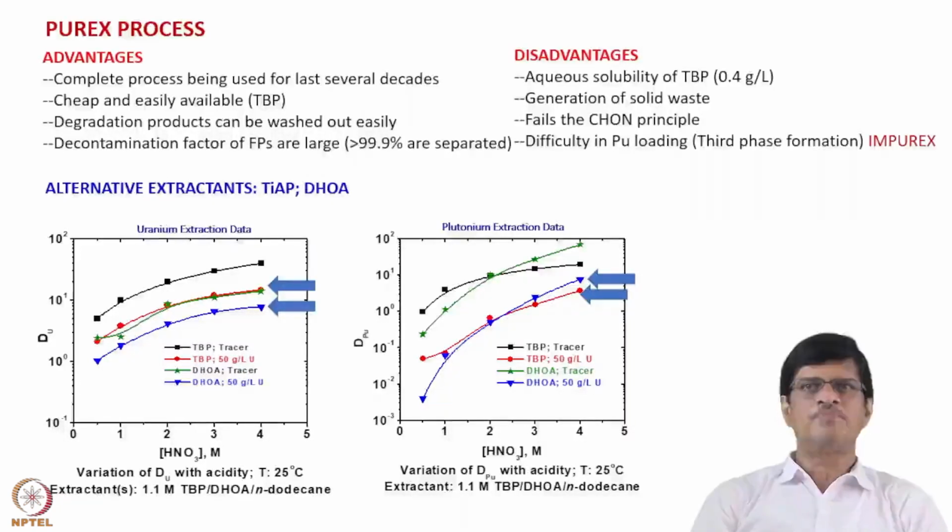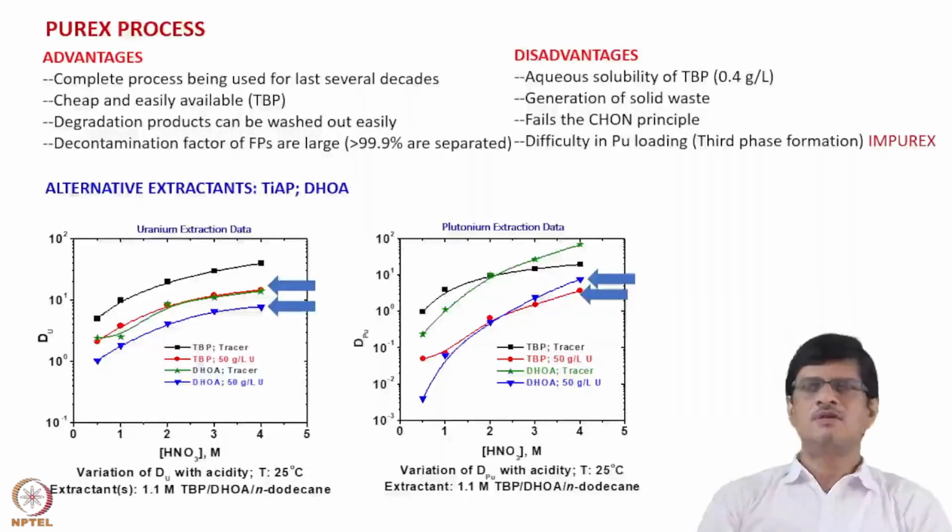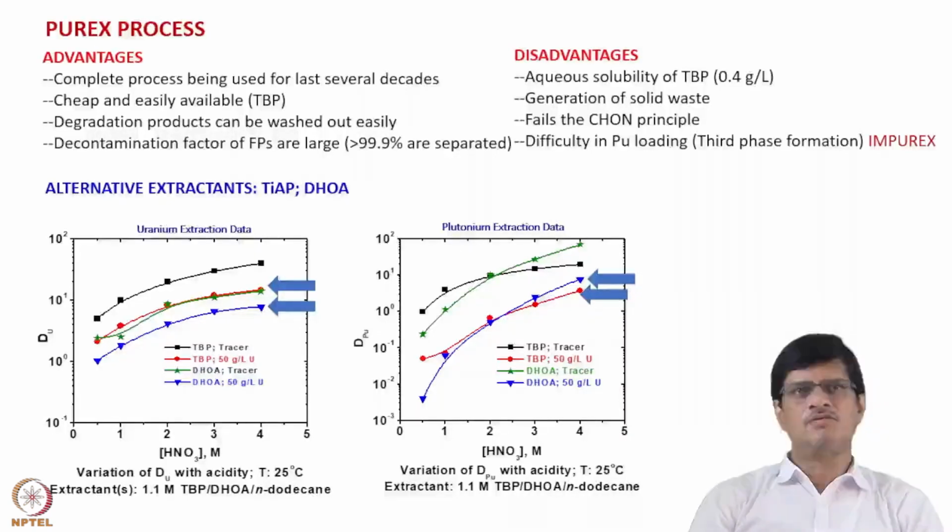And also there is difficulty in plutonium loading when you go for fast breeder reactor spent nuclear fuel. In that case, the plutonium concentration is much higher, and we find third phase formation with this process. So what are the alternatives? We have to go for other processes, like what is called the Impurex process.